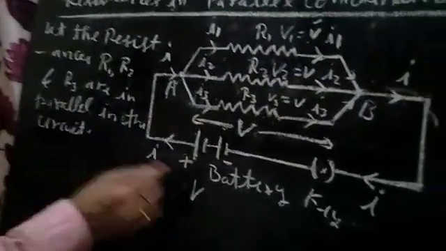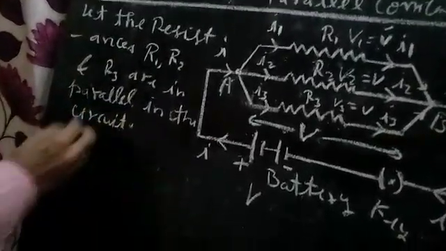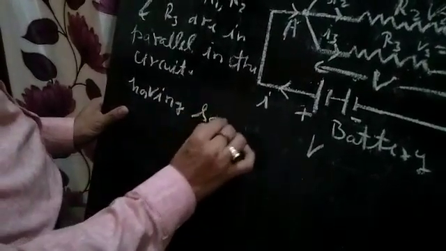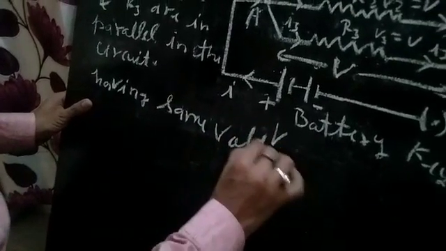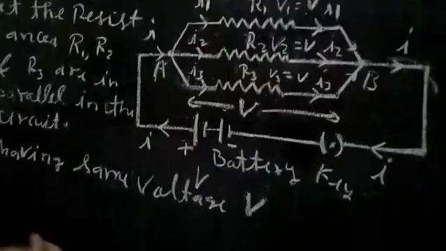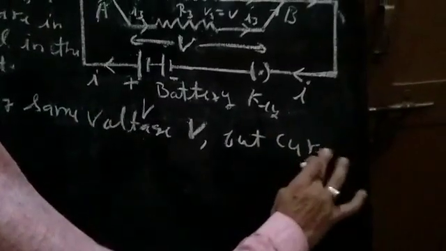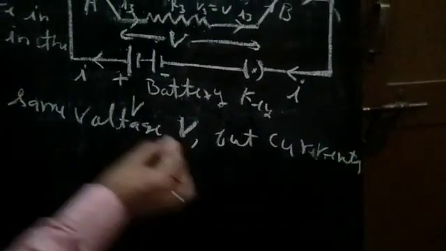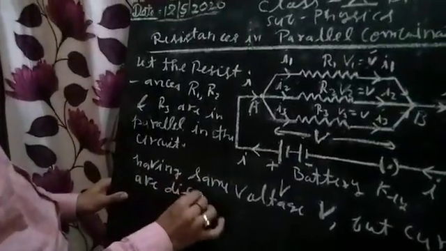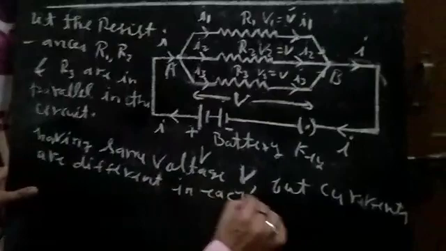Students, R1, R2 and R3 are in parallel combination in the circuit, having the same voltage V, but the currents are different in each resistance.